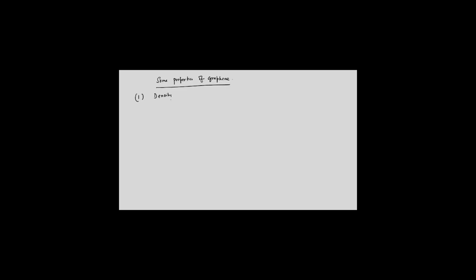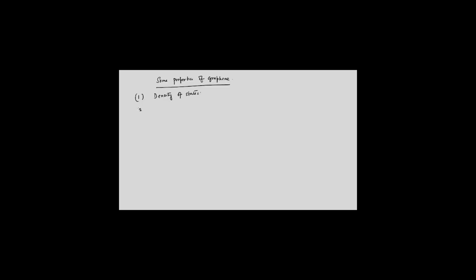Okay? It is not very trivial to get the density of states, because we know that the density of states for a 2D system with parabolic dispersion is a constant. Of course, here we do not have a parabolic dispersion, we have a linear, Dirac-like dispersion. So, the density of states needs to be figured out. That is one thing. Then we are going to talk about the electron density. Okay.